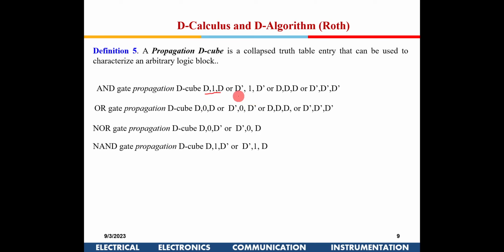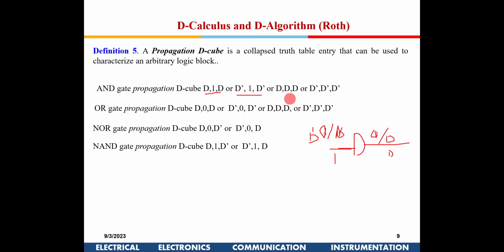D is 1 stroke 0, so 1 0 will give me 1, and 0 1 will give me 0. So if this is D, I get D here. Similarly, if it is D bar, this 1 becomes 0 and this 0 becomes 1. So this is how it works, right?